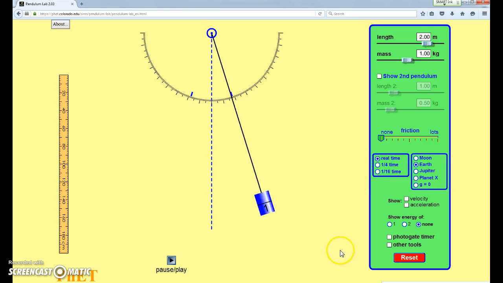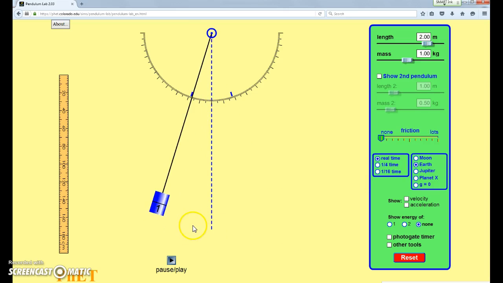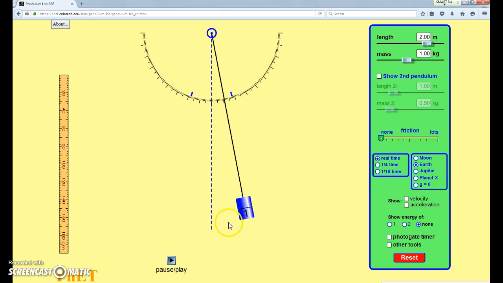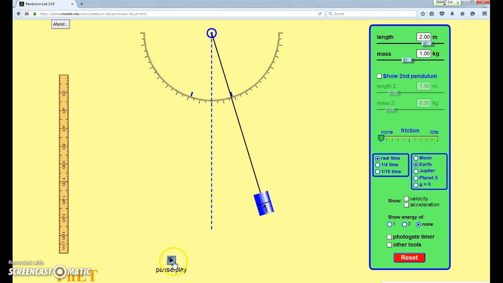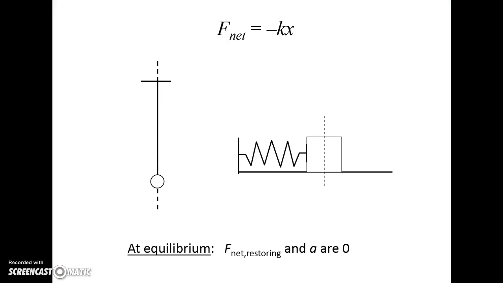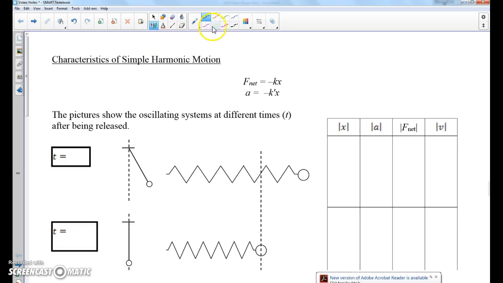When the pendulum swings, it has potential energy at the edges, and that potential energy is being converted into kinetic energy at the bottom. So when it gets down to the bottom, it's got this kinetic energy, and so it's moving really fast. So at the center position, at equilibrium, we have changed all of our potential into kinetic, and so the speed is at a maximum.